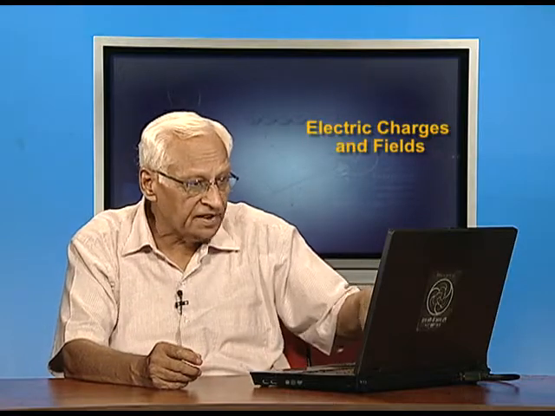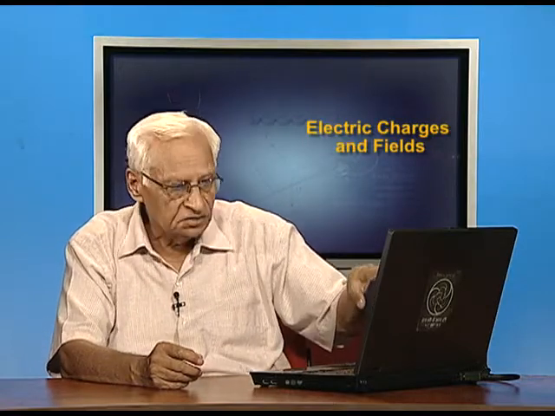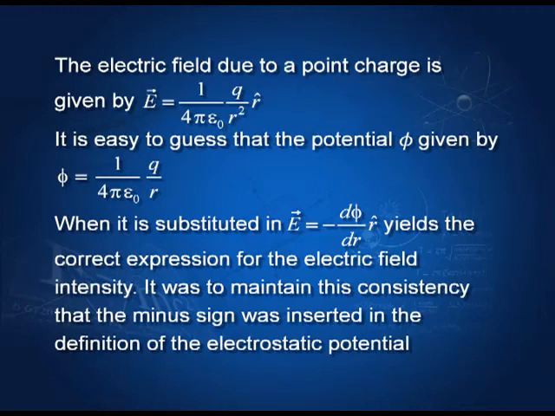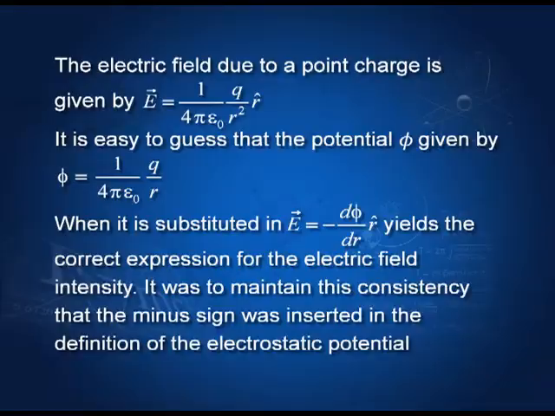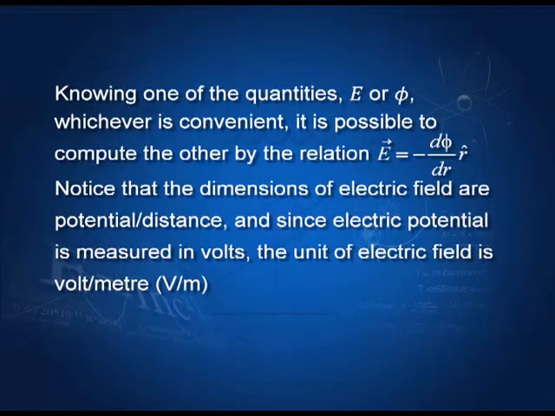So, that is why this negative sign was there, so that the field given by the potential has the same sign as the field itself. So, that is why minus sign was introduced for consistency. So, knowing one of the quantities E or phi, we can find the other, and the units of electric field in terms of potential is volt per meter.